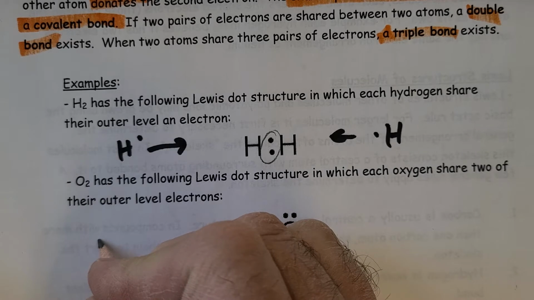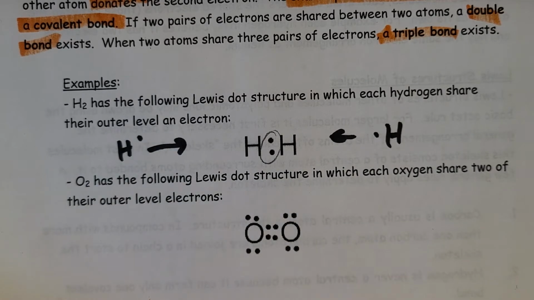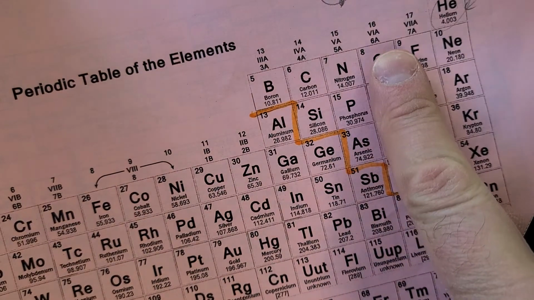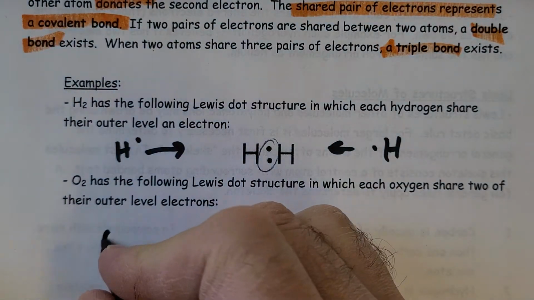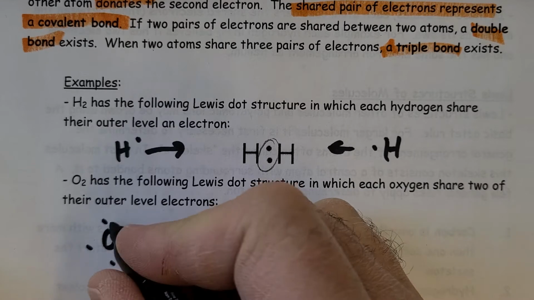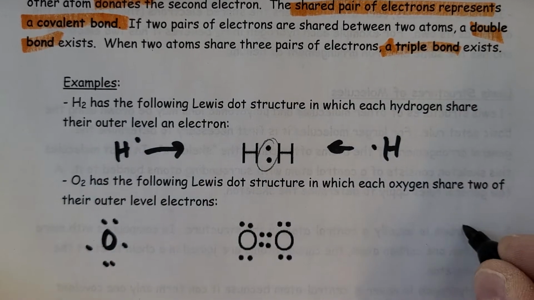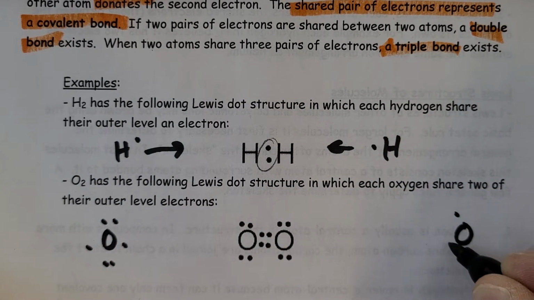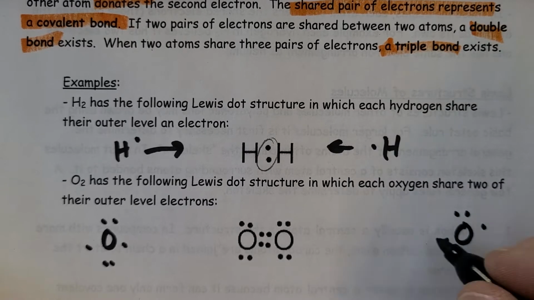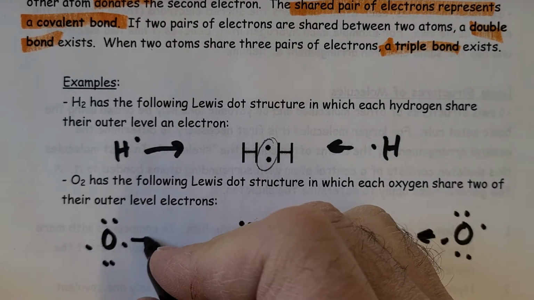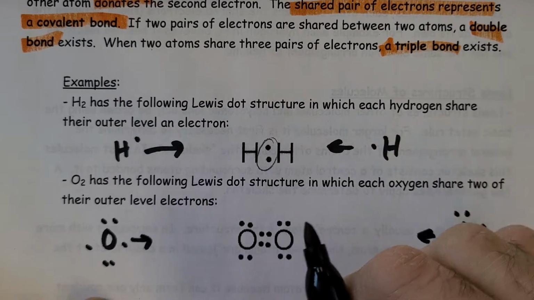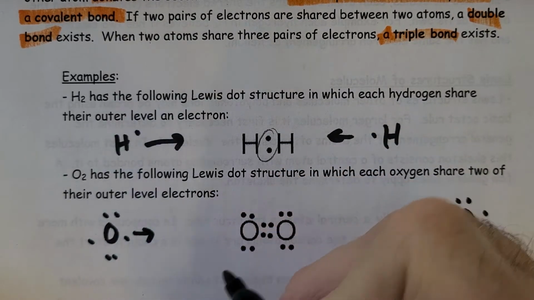Looking at oxygen, we've done that one before. It's a group 6, so it has 6 valence electrons: 1, 2, 3, 4, 5, 6. And 1, 2, 3, 4, 5, 6. And when they come together, here's where we can kind of manipulate things a bit.